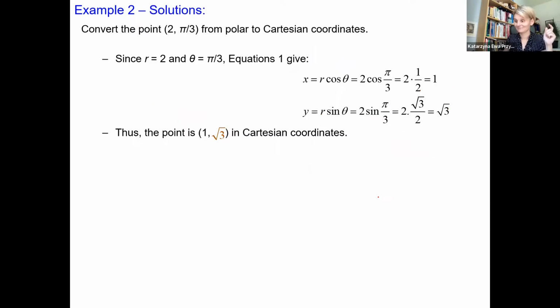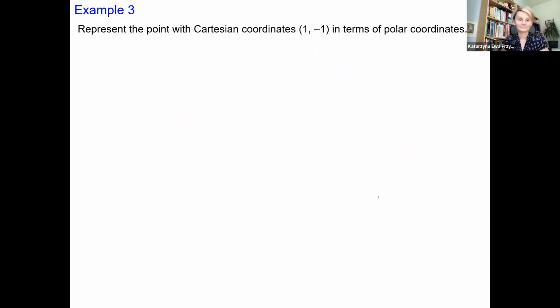Let's try. Let's just convert this simple point 1, -1, which is Cartesian, to polar coordinates. Okay, 1, -1, I think it's this one. It is 1, -1, yes.